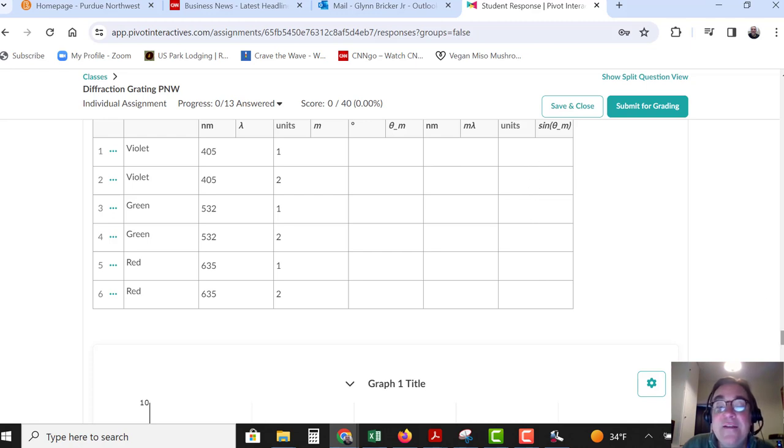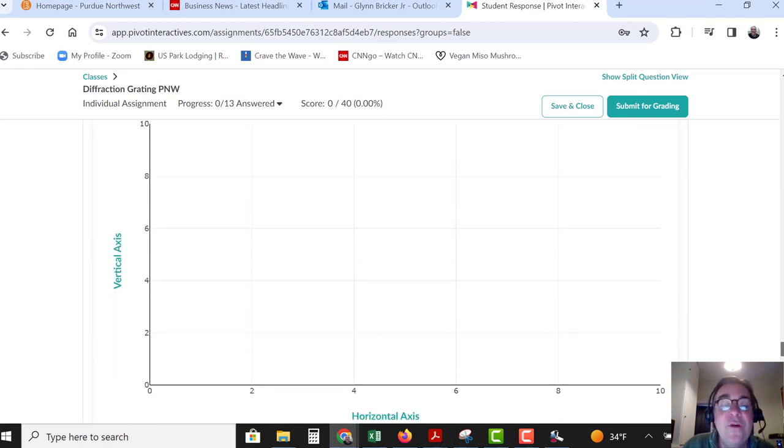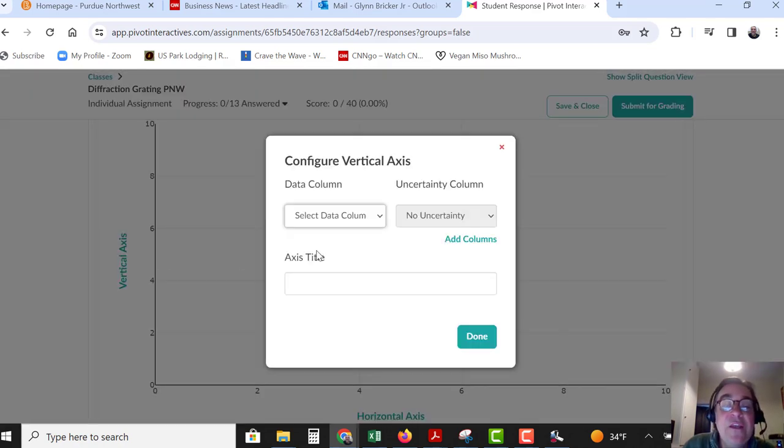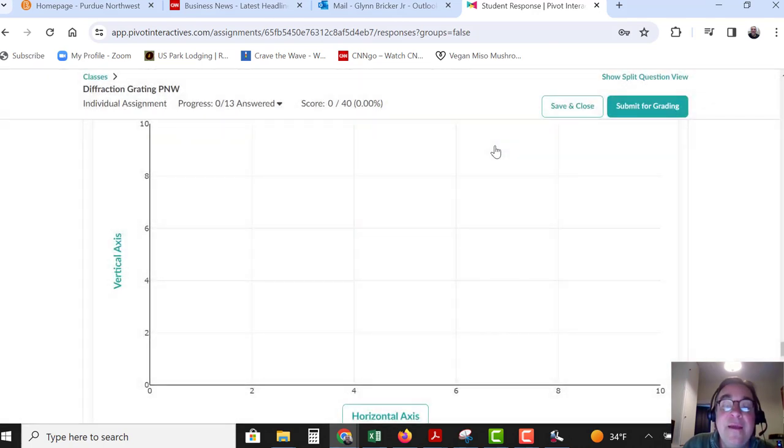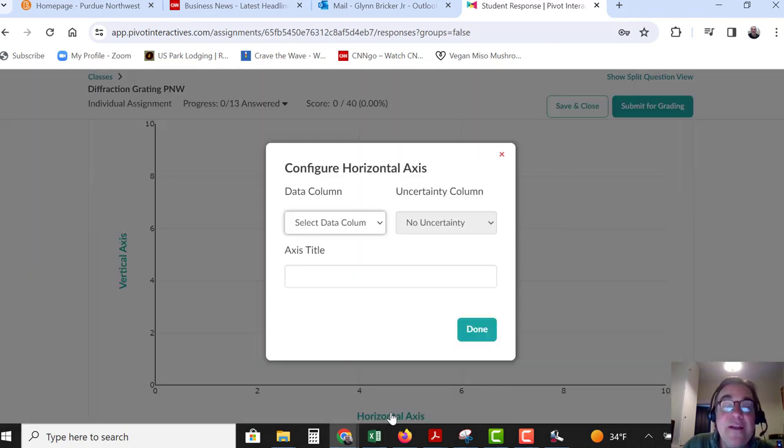Now you want to graph that data. Luckily, Pivot does that pretty well for you. On the vertical axis, what do you want to put? You can put whatever you want, but from what I wrote down before, you really want m times the wavelength on the vertical axis. You don't have to worry about the uncertainty there. On the horizontal axis, I wanted the sine of theta, so I can put that there.